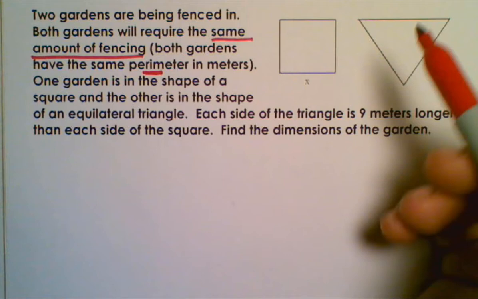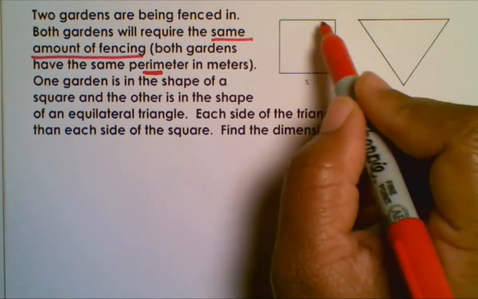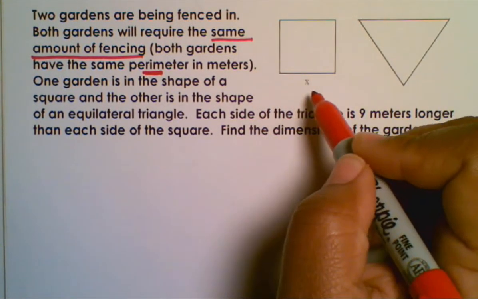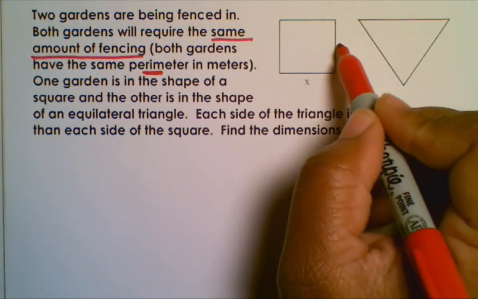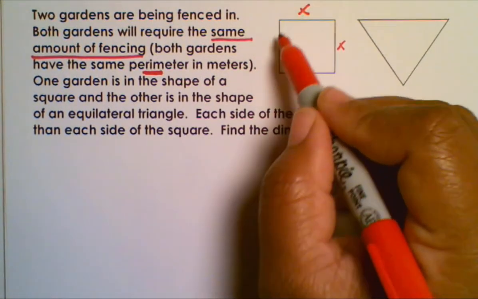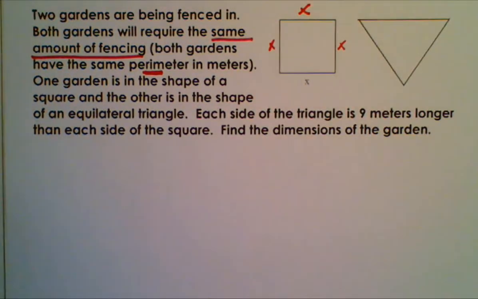So if one side, remember a square, all sides are the same. If one side is x, that means all of the sides will be x.